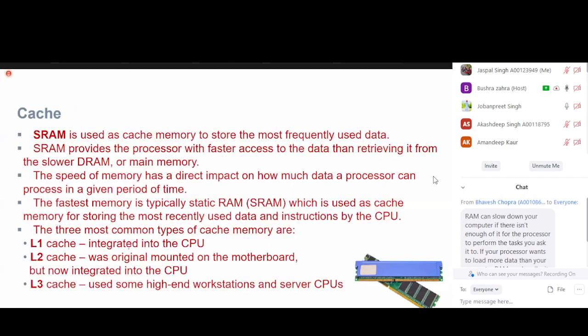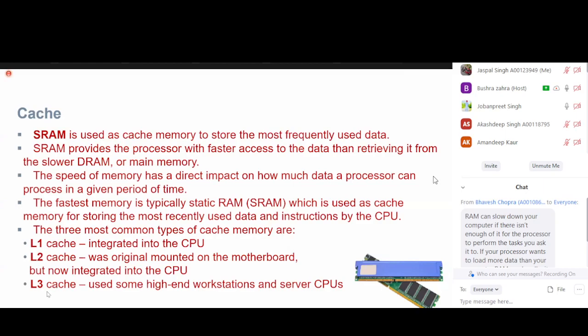It is faster. The speed of the memory has a direct impact on how much data a processor can process in a given amount of time. So the fastest memory is typically static memory, or SRAM, which is used as cache memory.